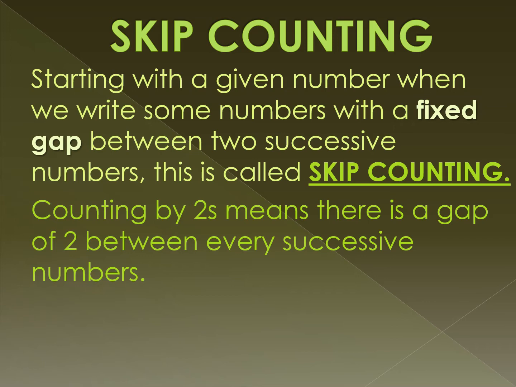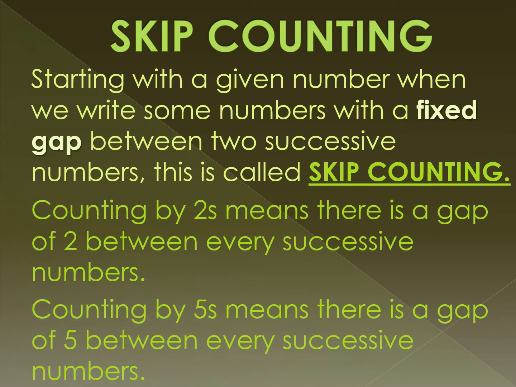It means that there is a gap of two between every successive number. Similarly, counting by threes means there is a gap of three between every successive number, and counting by fives means there is a gap of five between every successive number.